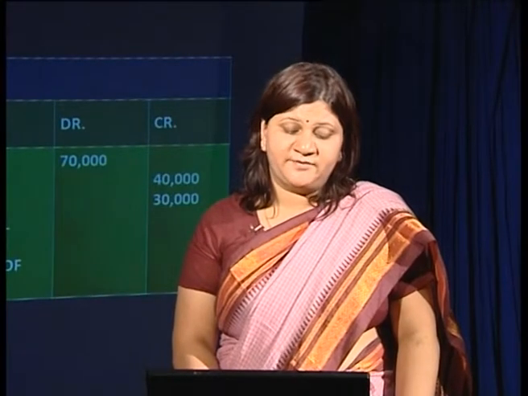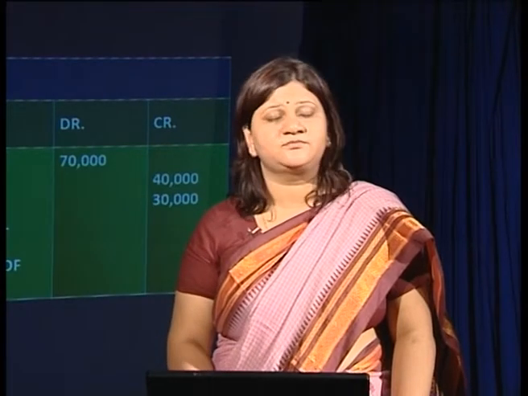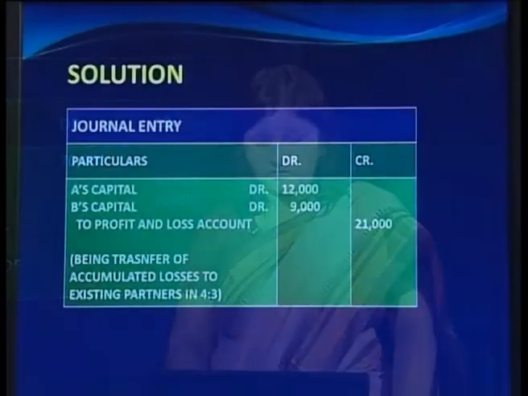One more thing we can analyze is that when we have debited the general reserve, the general reserves account would stand as nil, because it is closed when we distribute this undistributed profit. Now, when we prepare the new balance sheet, general reserve would not be reflected in the reconstituted firm's balance sheet, as it has already been distributed among the existing partners in their existing profit sharing ratio.